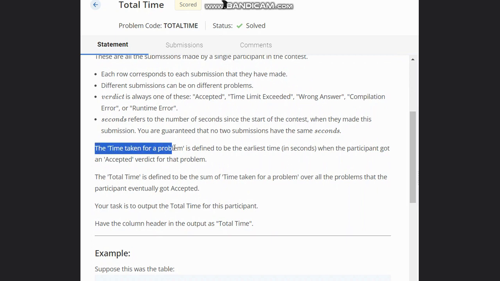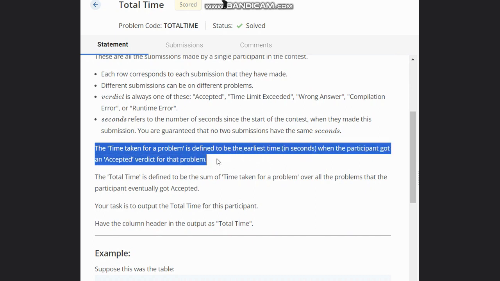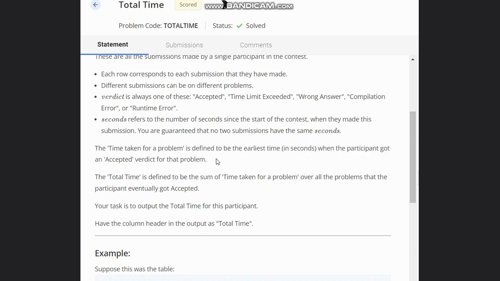Now we need to understand this clearly. Time taken for a problem is defined to be the earliest time when the participant got an accepted verdict for the problem. So it needs to be the earliest time, meaning the minimum time in which the participant got an accepted verdict for his or her problem. So let's talk about the total time.